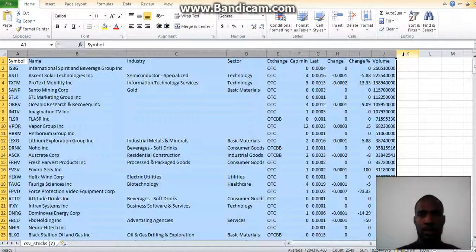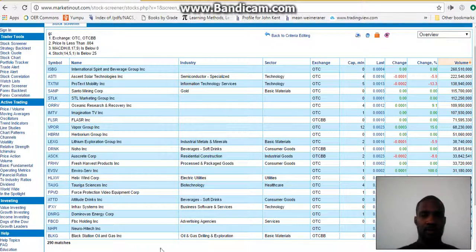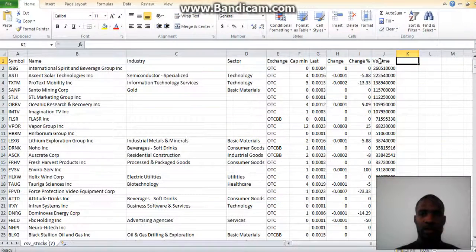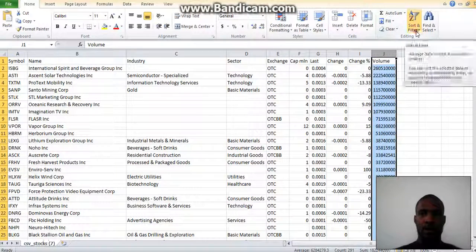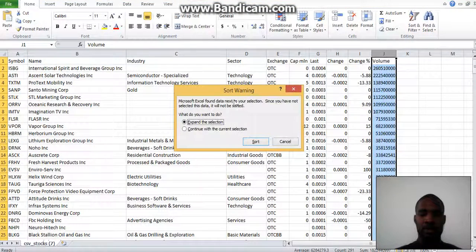I like to order it by volume, which I already did on this page, but you can also do it in Excel if you just select the column and go up to sort. You can sort from smallest to largest. This will ask you if you want to expand the selection, which means do you want to use all of these columns.